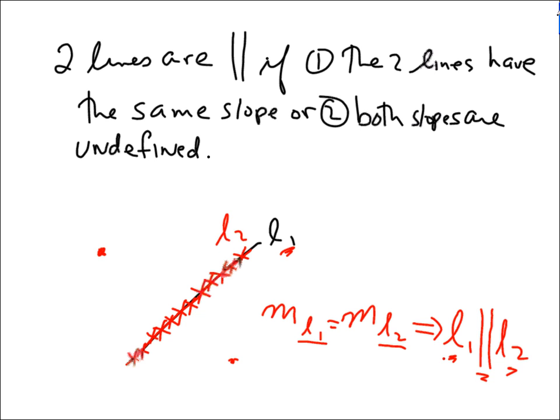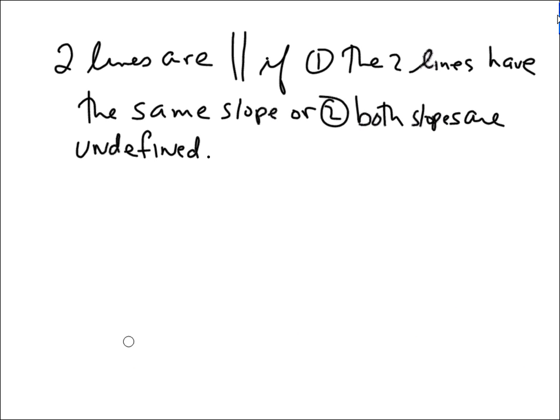Or you could say line 1 and line 2 intersect everywhere on line 2. They're the same line. Parallel lines can intersect. But if they do, they're the same line. Two parallel lines can definitely intersect. But then they have to be the same line.